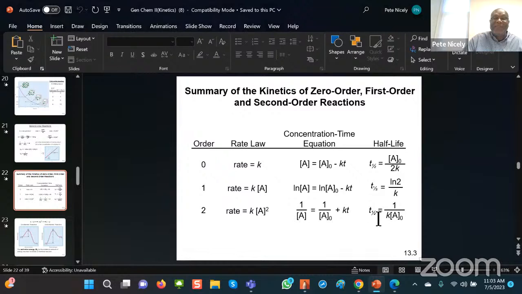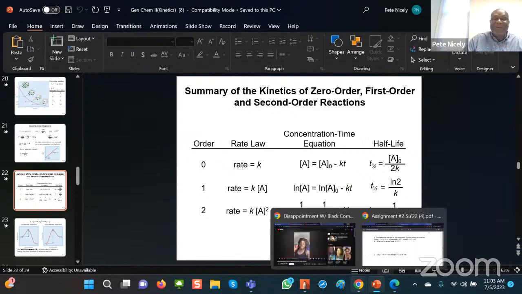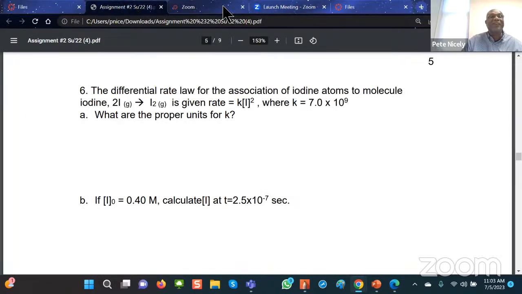This equation relates the concentration to time, and this one is what you use to calculate the half-life. I am going to write down the 2 equations that will be useful.